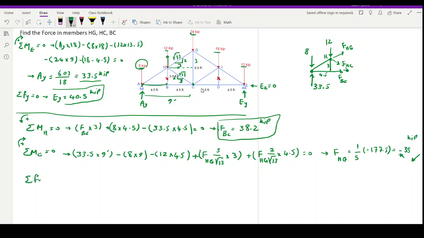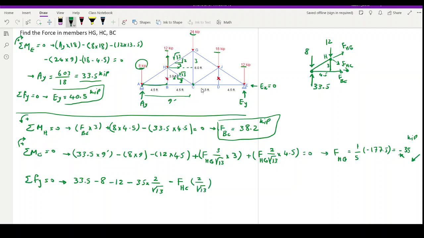I can write sigma Fy is 0, and from there I can find the third unknown. So sigma Fy, starting from the left, we have 33.5, then negative 8, then negative 12, then negative 35 times the y component, which is 2 over square root of 13. Then negative FHC times, again, 2 over square root of 13.